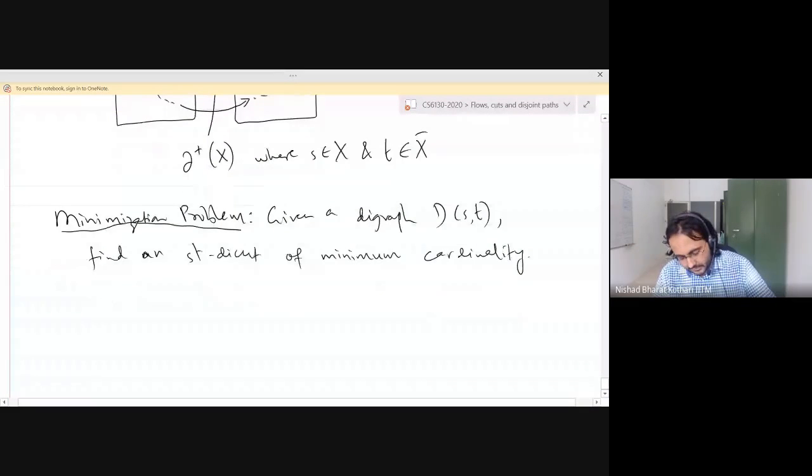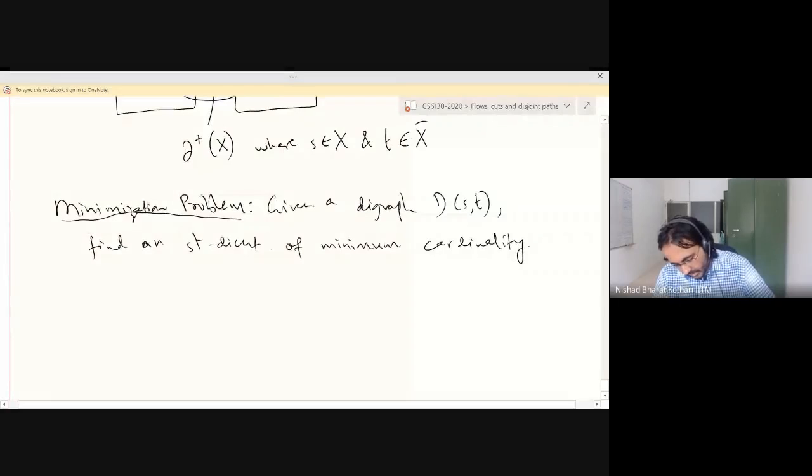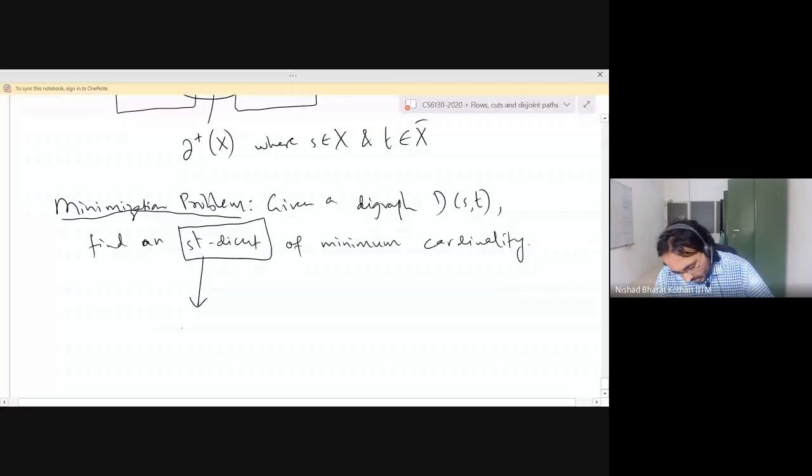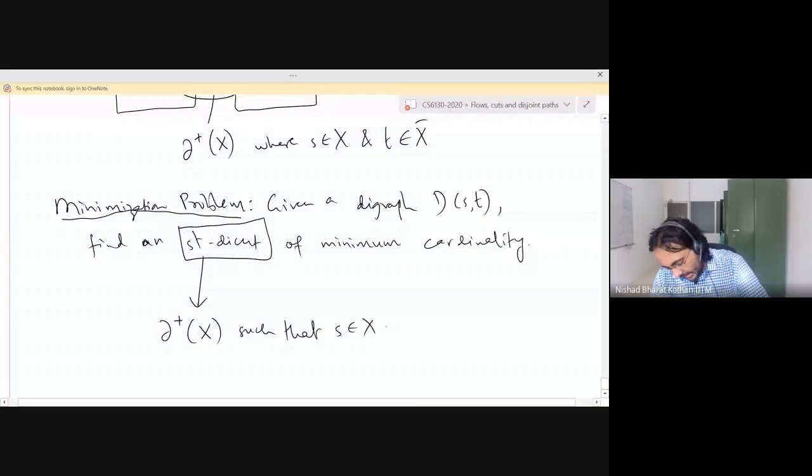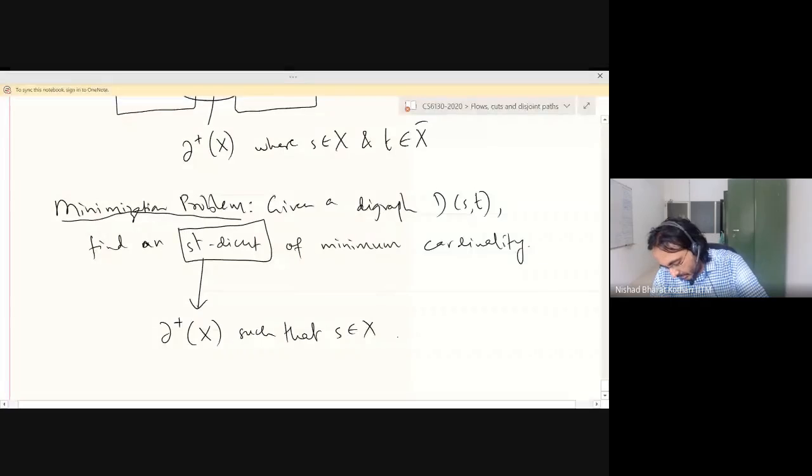When we say ST dicut, we mean a cut, partial plus X, such that S is in X and T is in X bar.